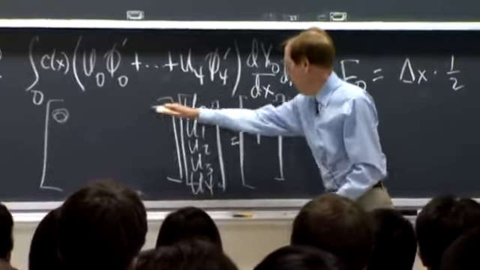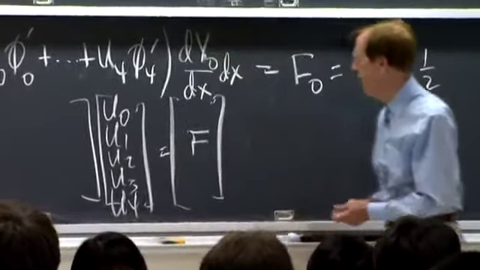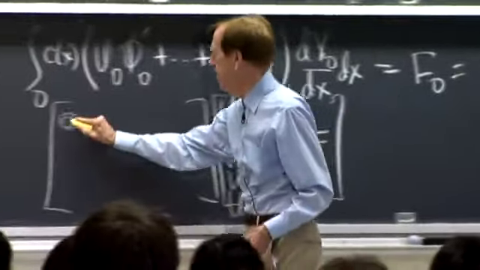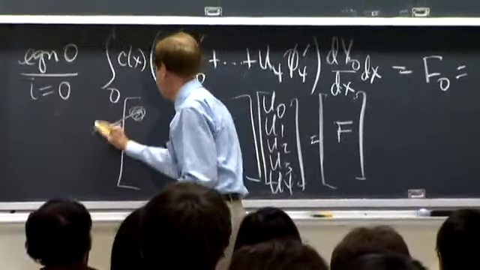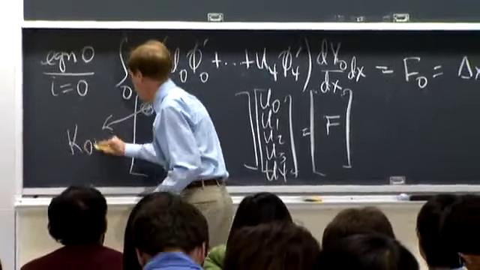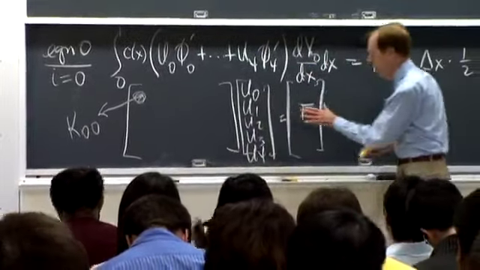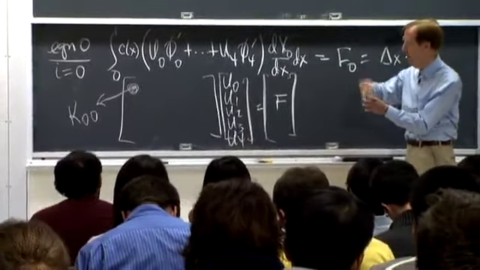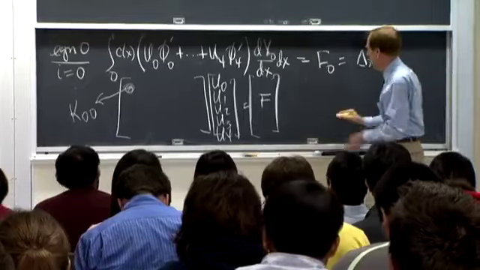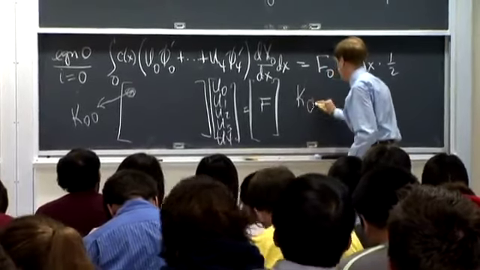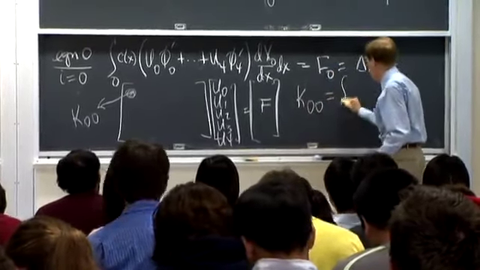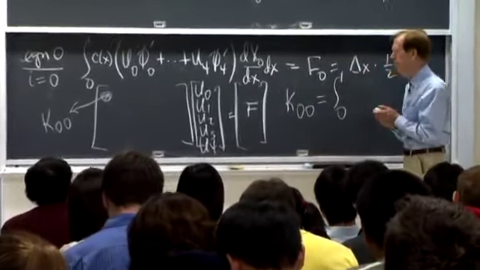In the first row, that means I should use v0. So let's call this k00. And what's its formula? You realize I'm starting to count at 0 because all these counts are. So what is k00? It's an integral of what?